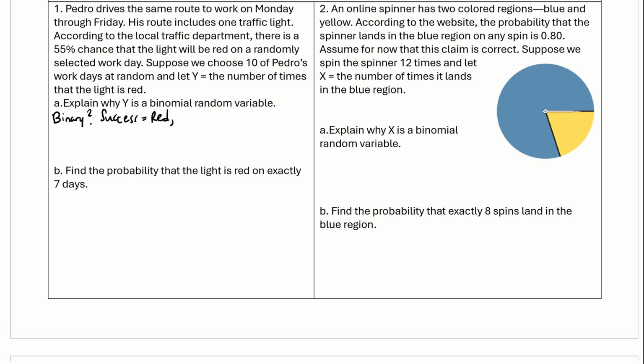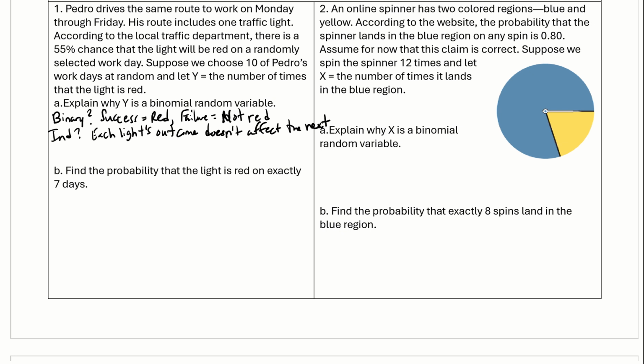And failure is not red. And independent, each light's outcome doesn't affect the next.